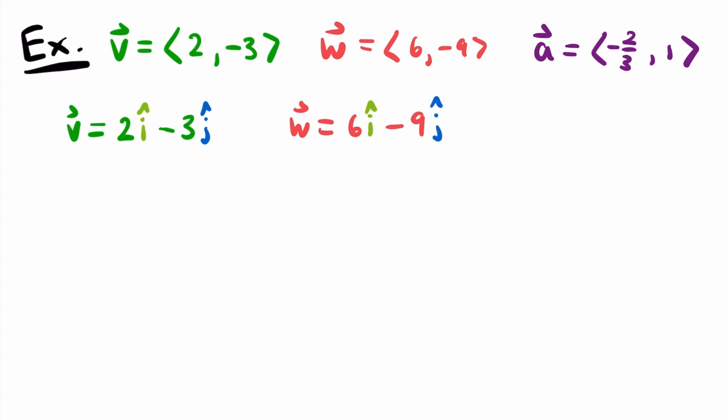All right, now one more time, let's do the same thing for vector a. Vector a will be equal to its x component of negative 2/3 times the standard unit vector in the x direction, which is i, and then we will add that to the y component, which is just 1. So we're going to have 1 times the standard unit vector in the y direction, which is j, so we'll have j times 1, which is just j.